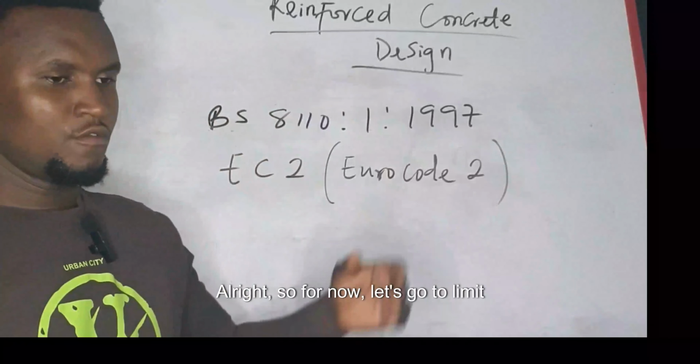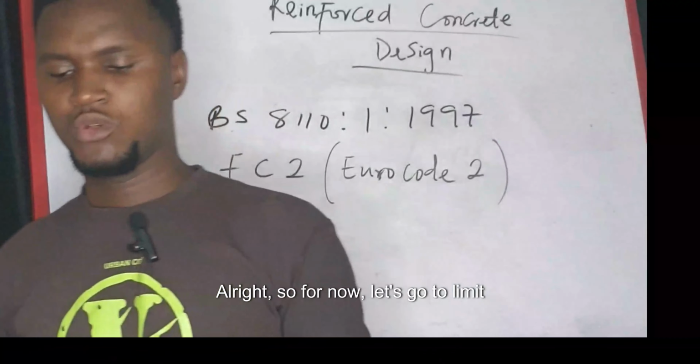Alright, so for now, let's go to limit state design. Now, what do we understand by the word limit state? Limit state design of an engineering structure must ensure, number one, under the worst loading, the structure is safe.